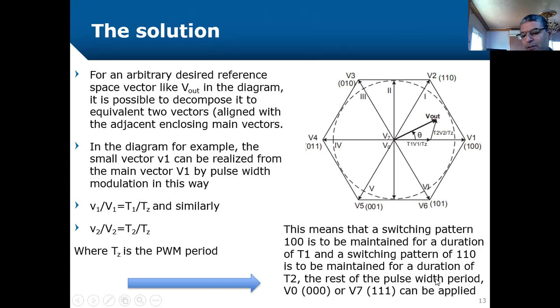For the rest of the pulse width period, V0, the null vector, or V7, 111 or 000, can be applied. Then effectively the load will get the sense of this exact space vector magnitude and angle.